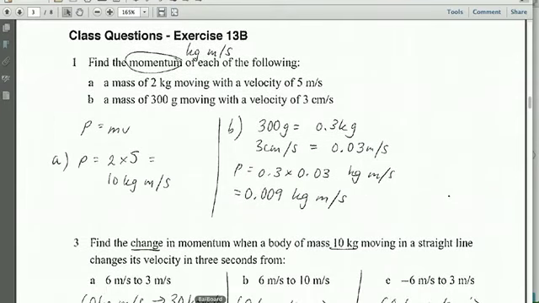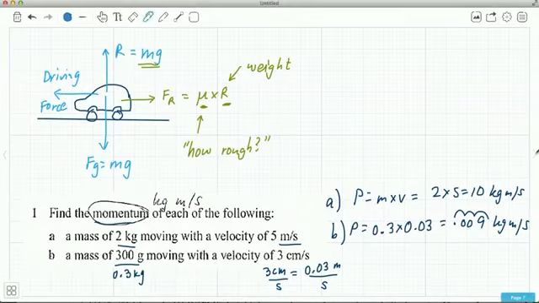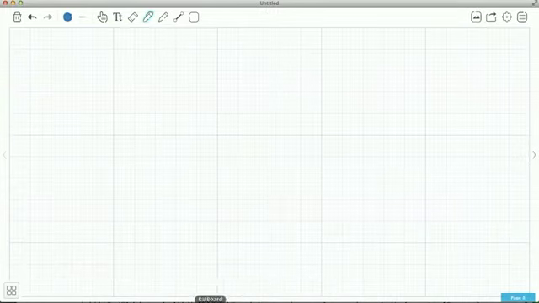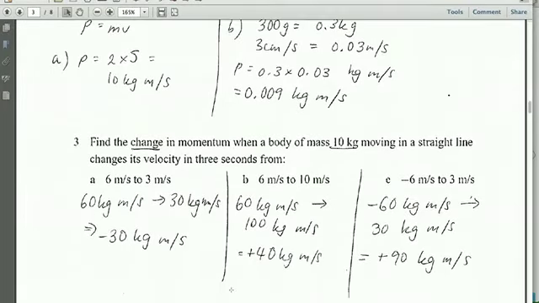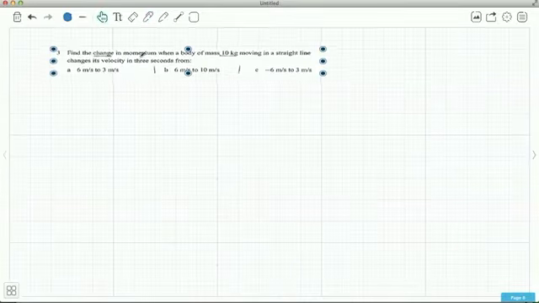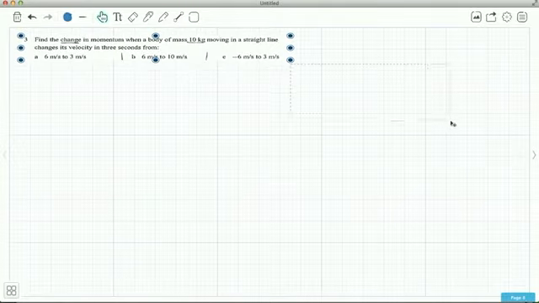The next one that you've got after that is find the change in momentum. Now change in momentum is looking at the difference between the two different momentums. So you're basically looking at final minus initial.